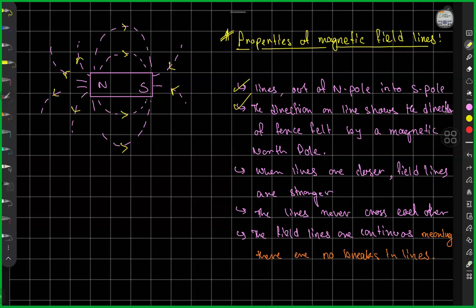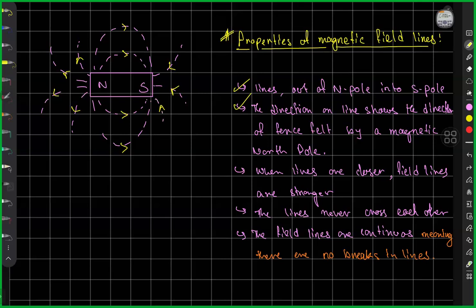Let's say a North Pole. The repulsive force, if I have a North Pole over here, is way larger. Higher density of field lines. Same over here. If I have a North Pole there, higher density of field lines, so the force felt is larger. What happens if I have a North Pole here? Field lines are more far apart, so the net force felt by the North Pole is less.